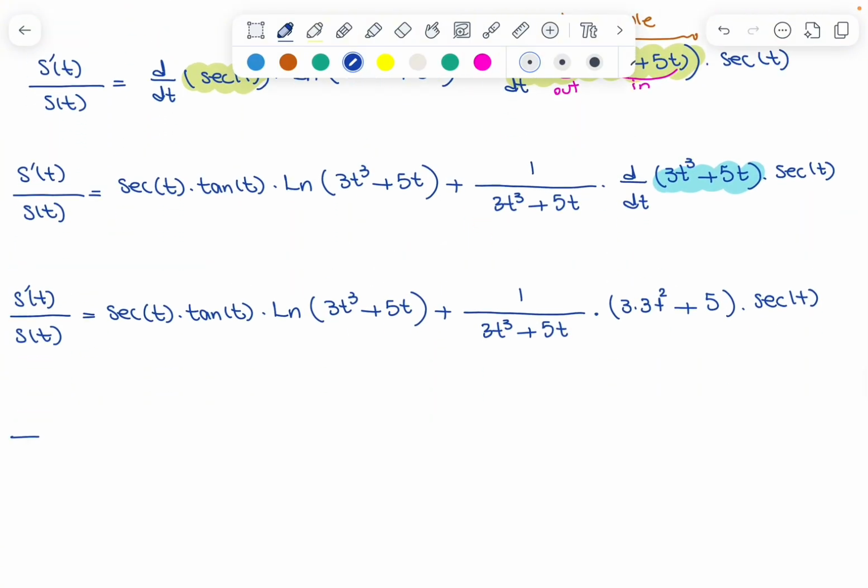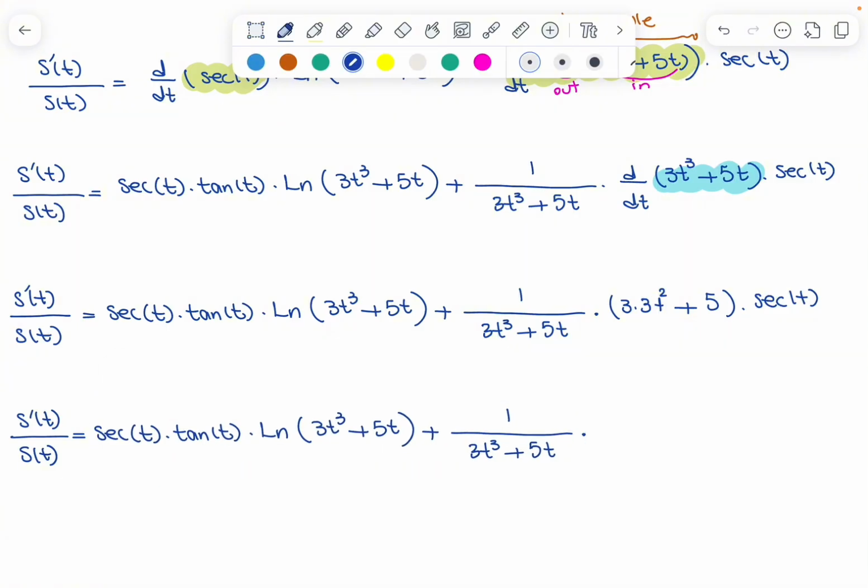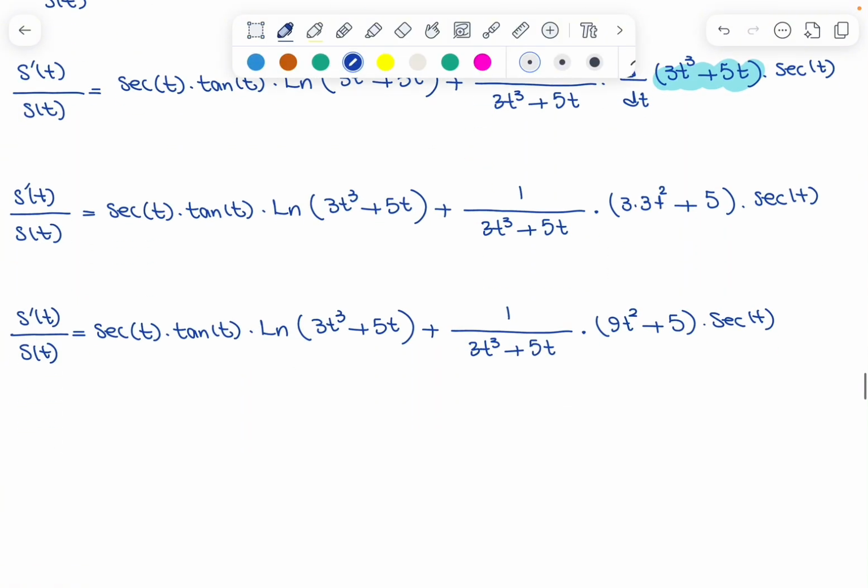So therefore, we will get s prime of t divided by s of t is equal to, we are okay with all of these, we just need to simplify, times 9t squared plus 5 times secant of t. So now from here, if you multiply both sides by s of t, you can find s prime of t.